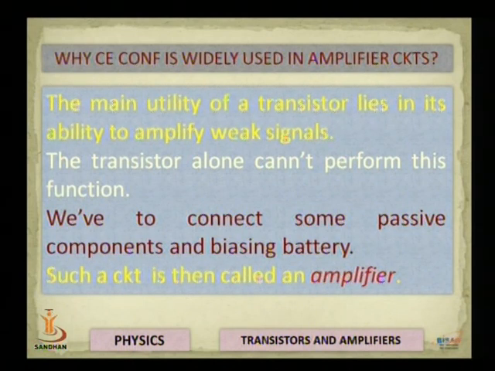Why is the common emitter configuration widely used in amplifier circuits? The main utility of a transistor lies in its ability to amplify weak signals. The transistor alone cannot perform this function, so we connect many passive components and a biasing battery to make the amplifier.